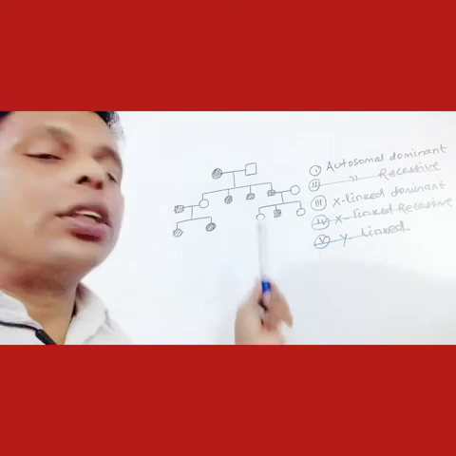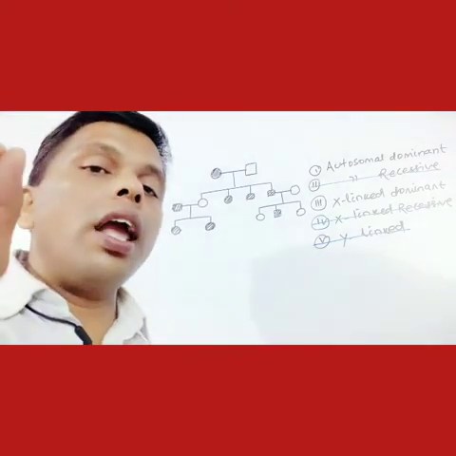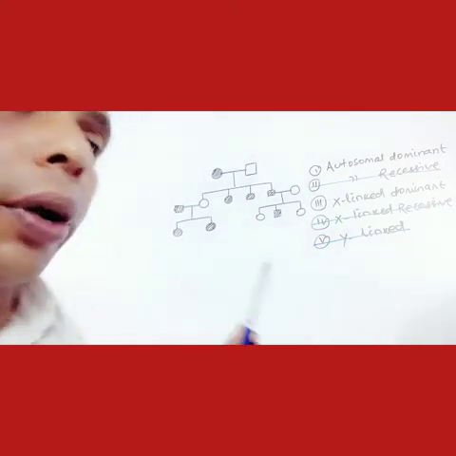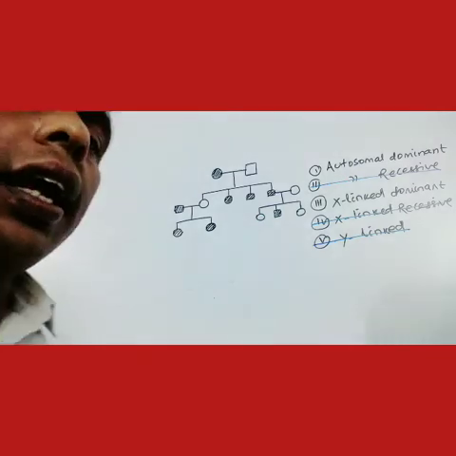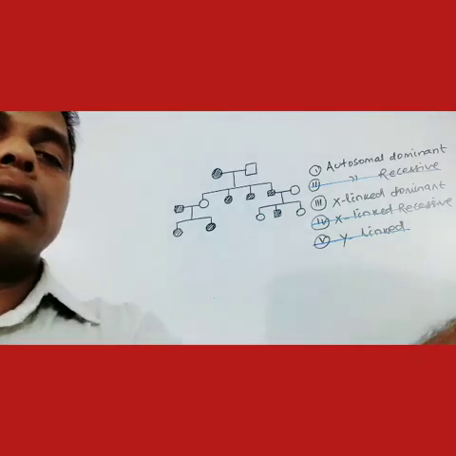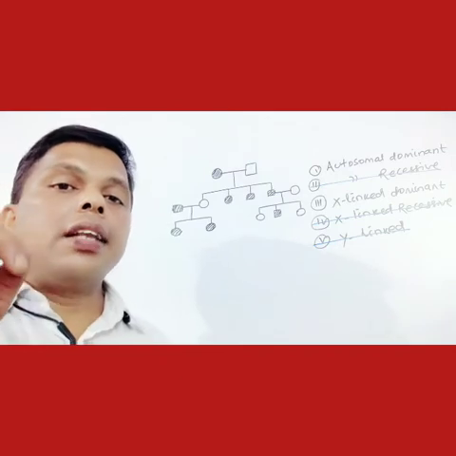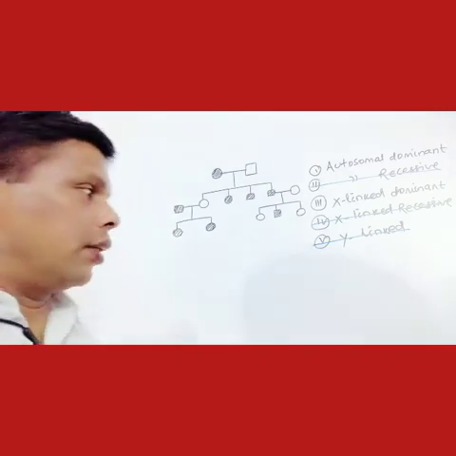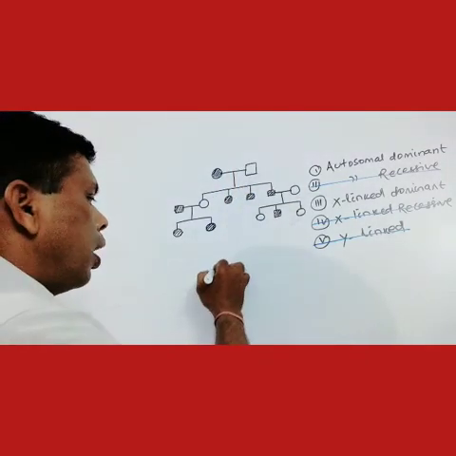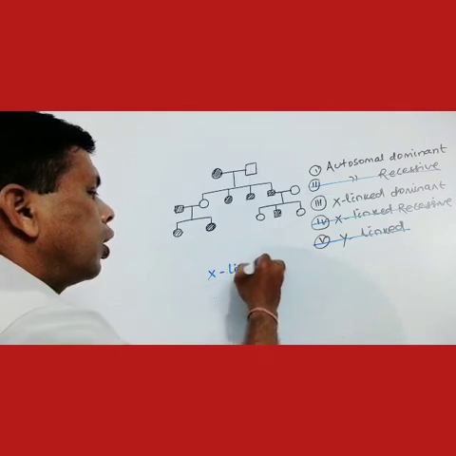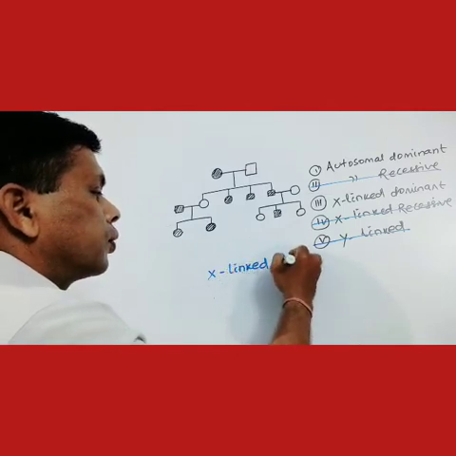I will tell some of the tricks for X-linked characters. In an X-linked dominant trait, how to find out X-linked dominant?